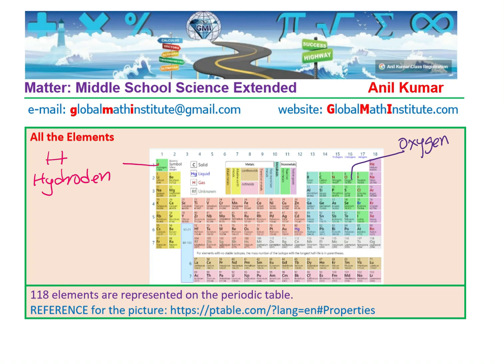However, they are very active and therefore they normally will not be available as an element. Most of the time, pure elements are not really available. They are very reactive, so they mix.